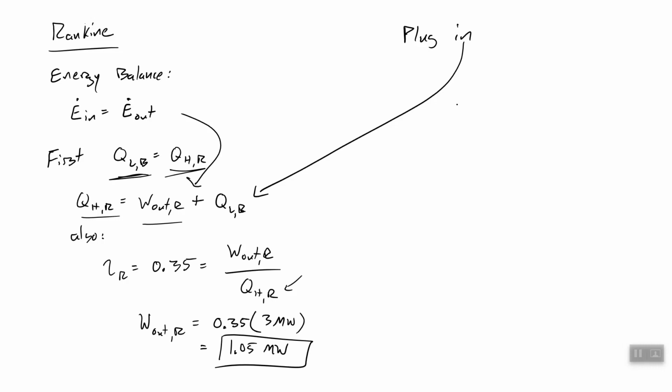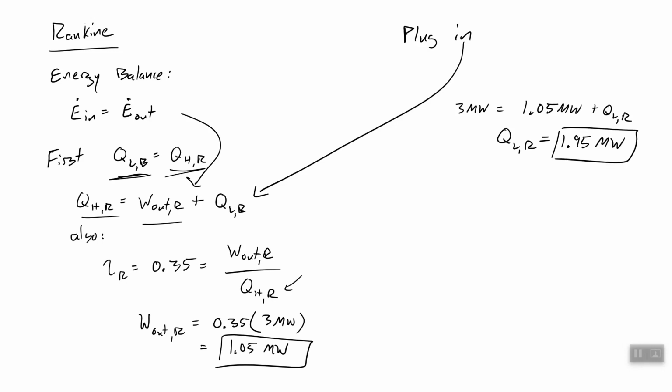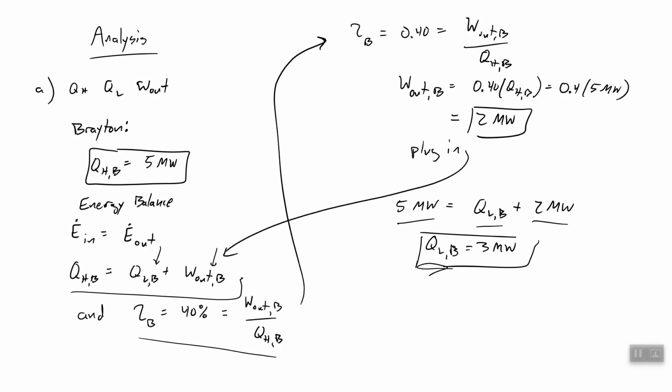So we plug in QHR, which was 3 megawatts. We got out 1.05 megawatts, leaving just QLR. We can rearrange to find what QLR is, and that's going to be 1.95 megawatts. All right, so those are our 2 cycles.